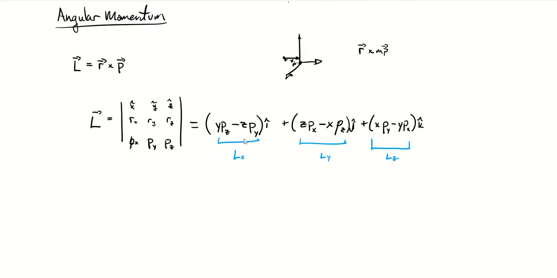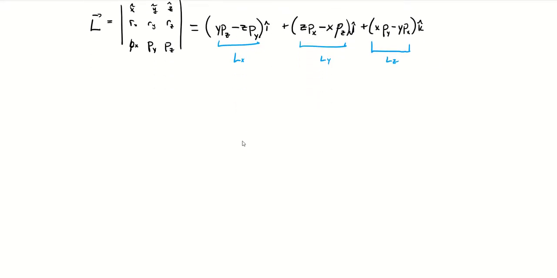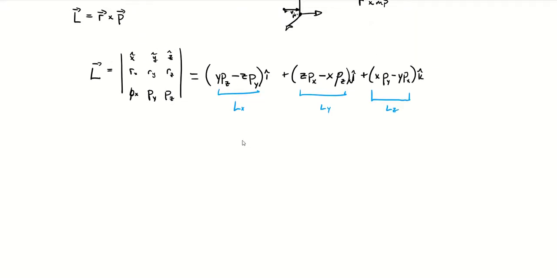Knowing the position space representations of our position and momentum operators, we can take these components and write them in the position space representation, which would be y d/dz minus z d/dy for our Lx, up to the factor of negative i h bar.